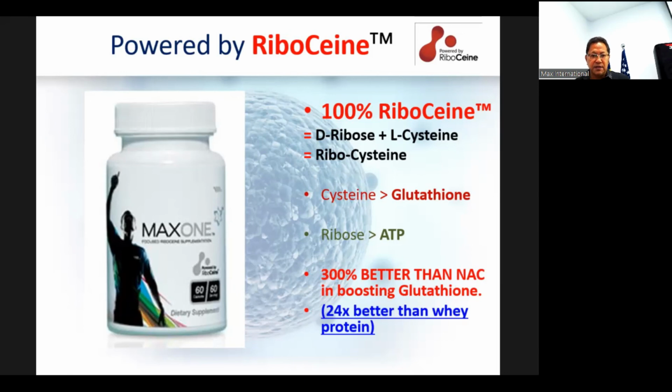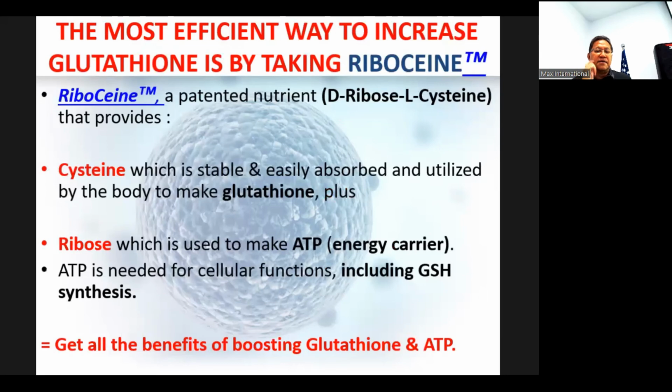Compared to whey protein, ribosine is 24 times more efficient, weight for weight. Okay, as explained here, the most efficient way to increase glutathione is by taking ribosine or D-ribose L-cysteine.